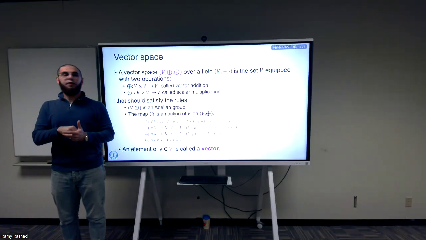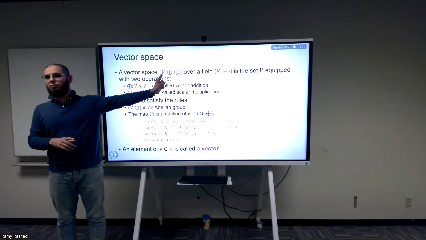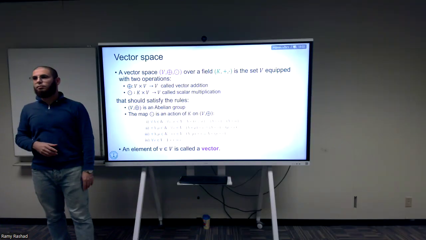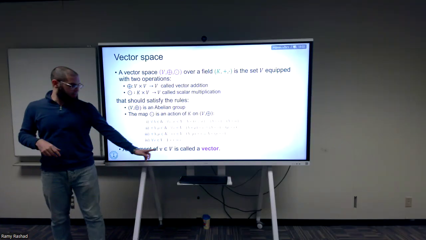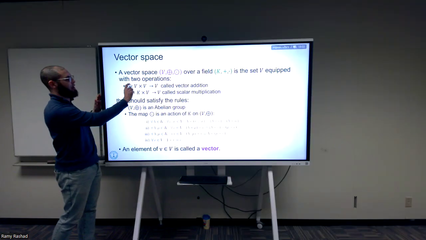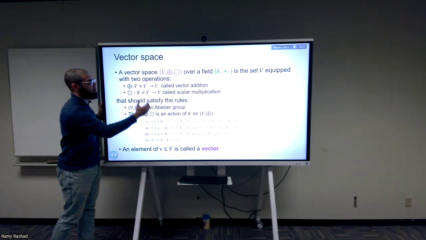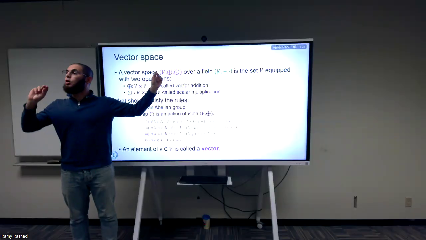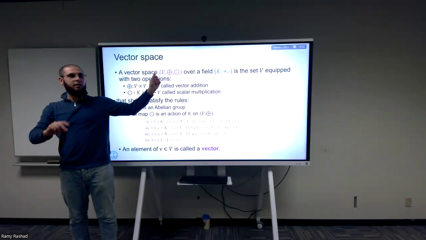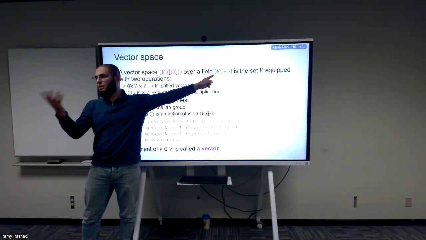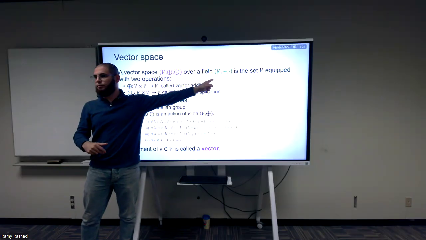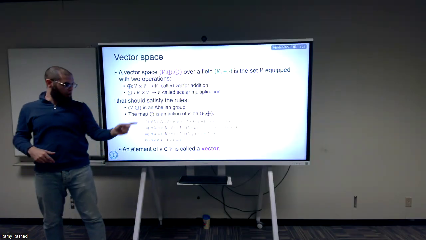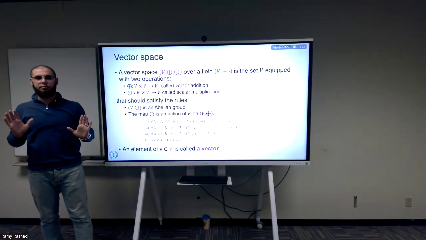All elements of the vector space V, with its operations, are called vectors. If the operations satisfy all of these conditions, we call this triplet a vector space over the field K with its own operations. And if we take any element in V, we call it a vector.